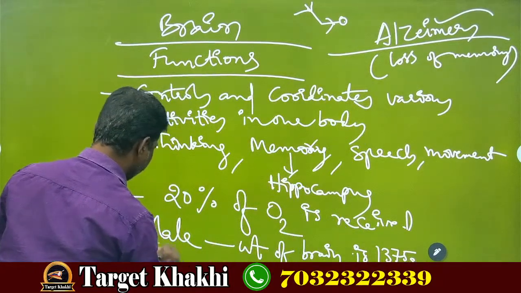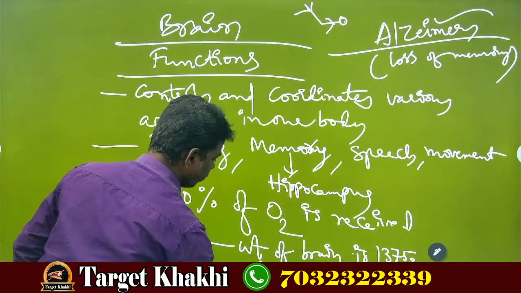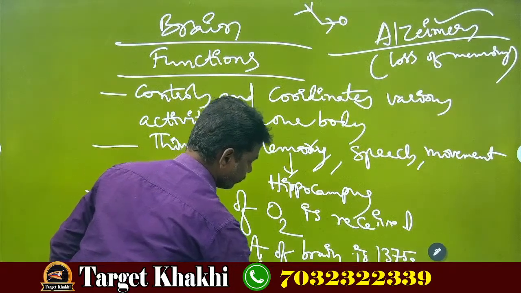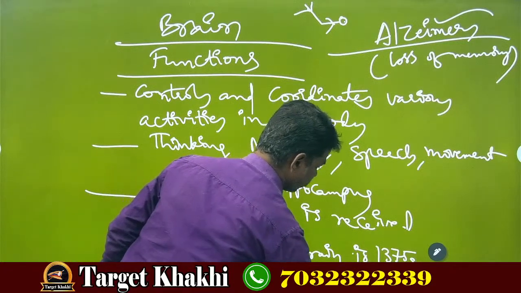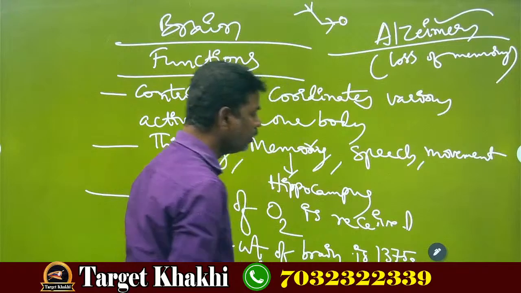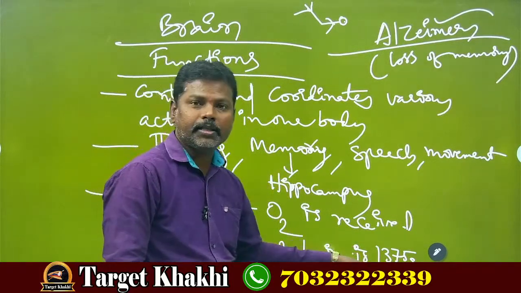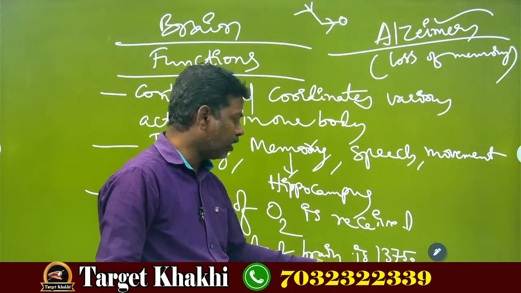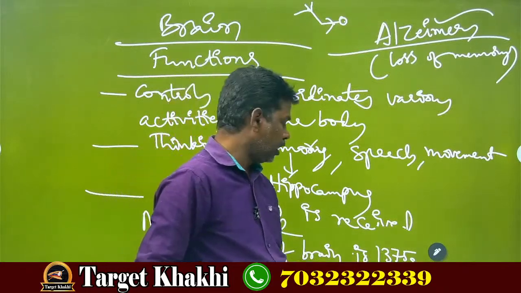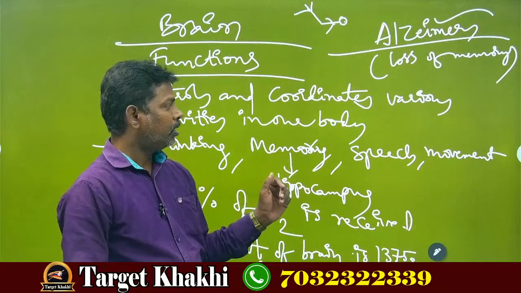But in female, the weight of the brain is 1275 grams. In male, the weight of the brain is 1375 grams, but in female, the weight of the brain is 1275 grams. Okay?